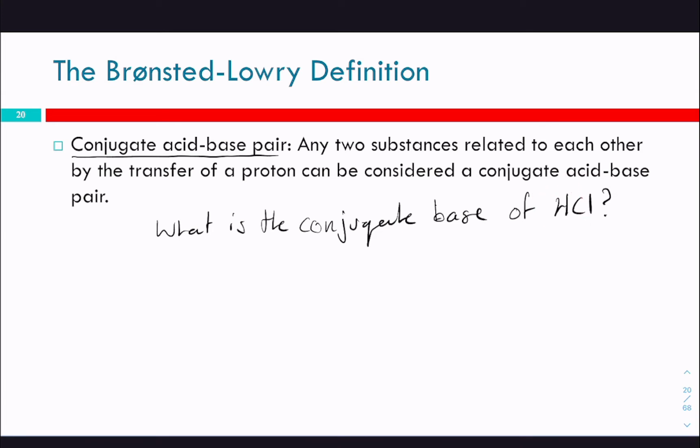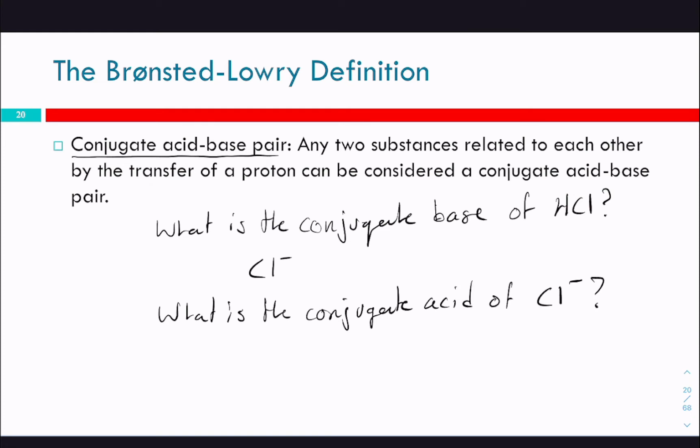So if we take the hydrogen away from HCl, what are we left with? Cl minus. So Cl minus would be the conjugate base of HCl. And then you could ask the reverse question, what is the conjugate acid of Cl minus? You just add a proton to it. It would be HCl.